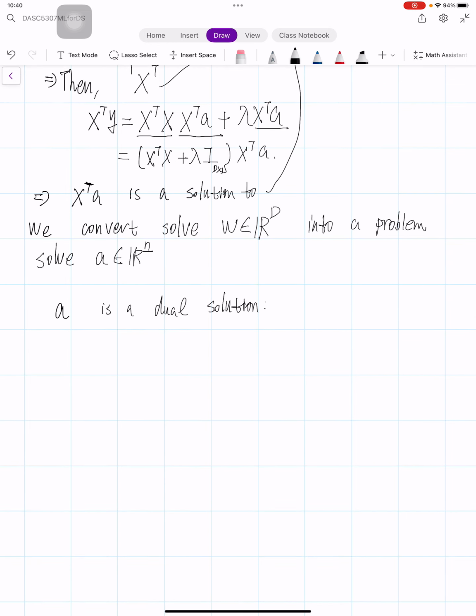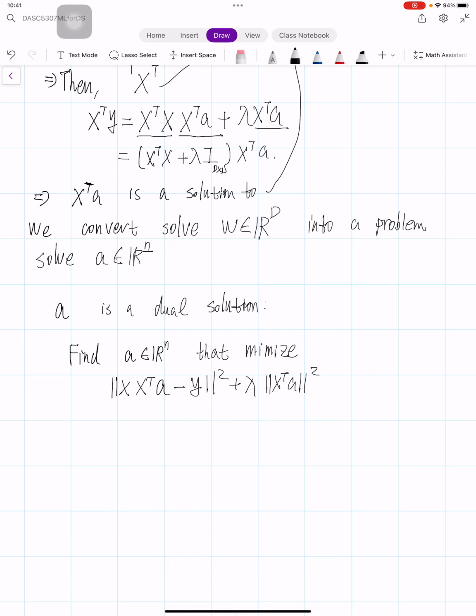In other words, we want to find A that belongs to R^n that minimizes x transpose x, X transpose times A minus y, plus lambda x transpose A square.